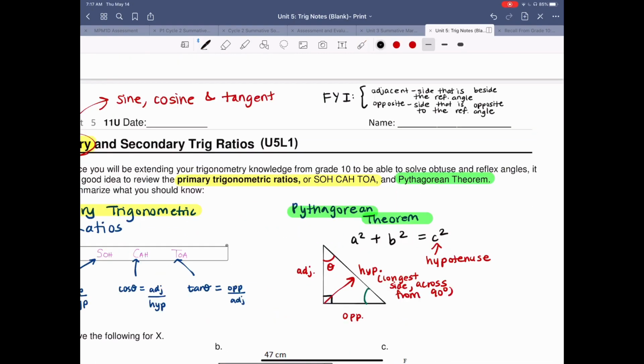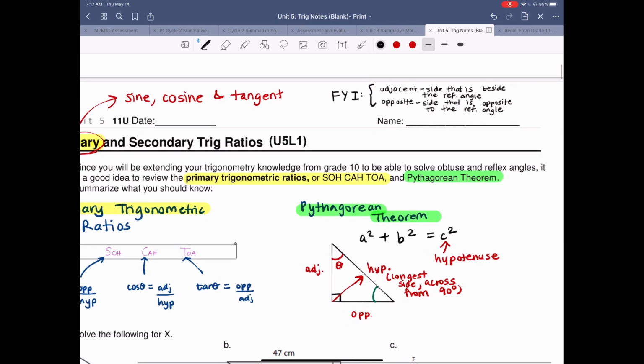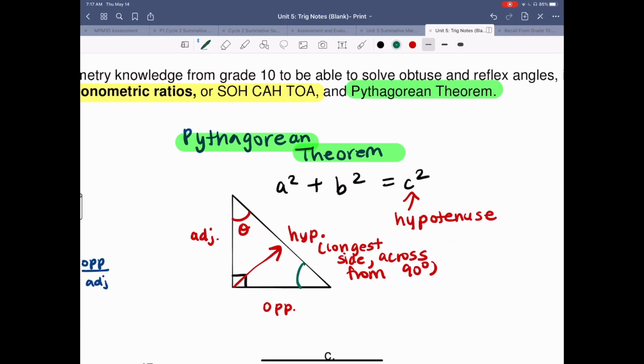Take a second to write down the definition of adjacent and opposite side as needed. With this same triangle, keep in mind you can look at it from a different perspective. If you are at the beta angle with this color green, and you're looking at it from that angle, then the adjacent side is actually going to be right here.